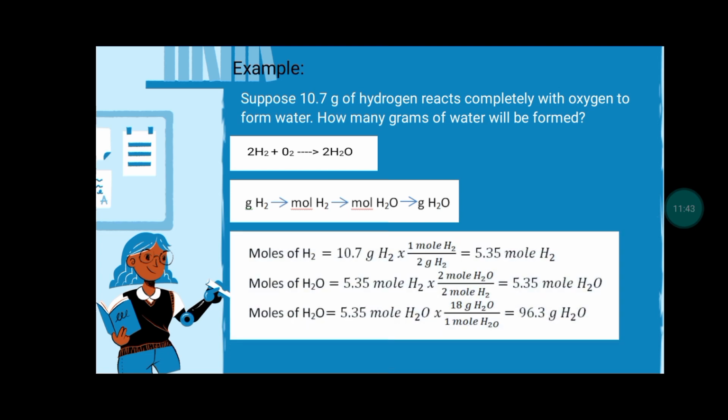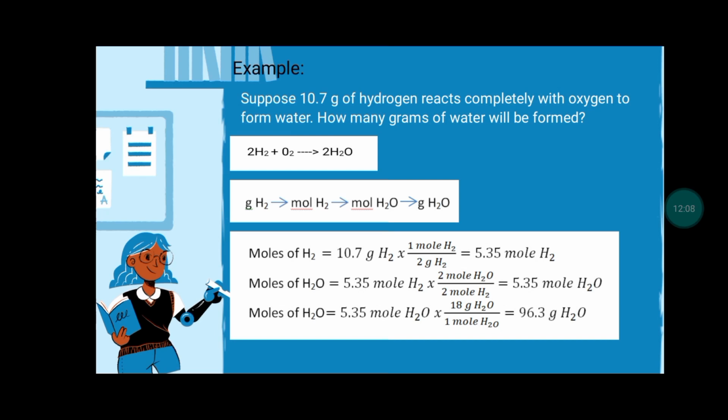So, first we will calculate the mole of hydrogen. So, 10.7 gram of hydrogen, our given, times 1 mole of hydrogen over, in our periodic table, we can see that the molecular weight of hydrogen is 1.